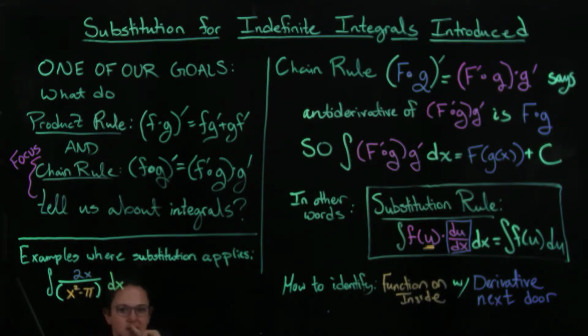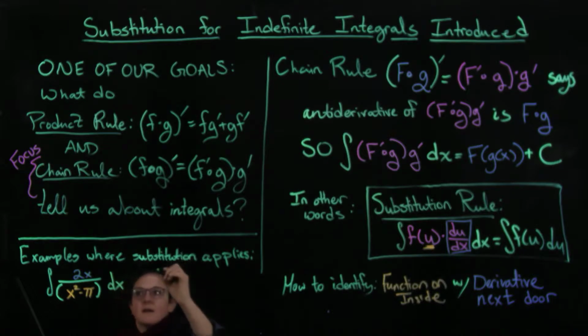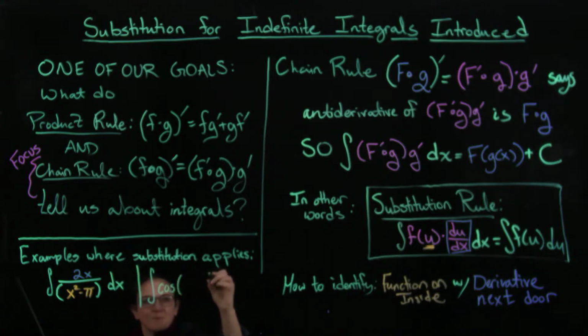Here's maybe another one. I could take the integral of, and then I'm going to have my outside function, maybe cosine of, and then maybe my inside function is going to be, I don't want to just use a polynomial, let's do e to the 3x.